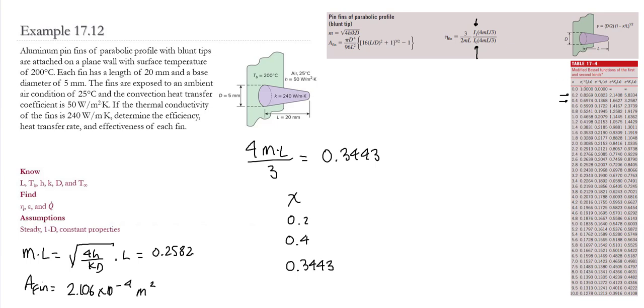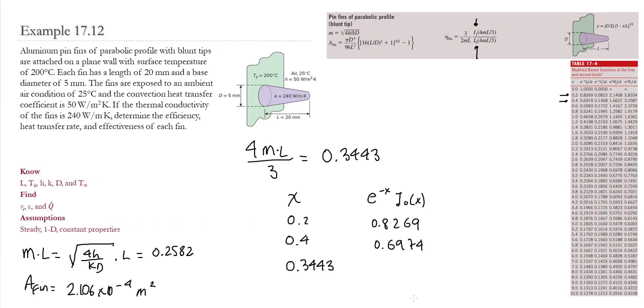Notice the title of the column where you're looking is e to the negative x, I0 of x. And the corresponding values that we have are 0.8269 and 0.6974.